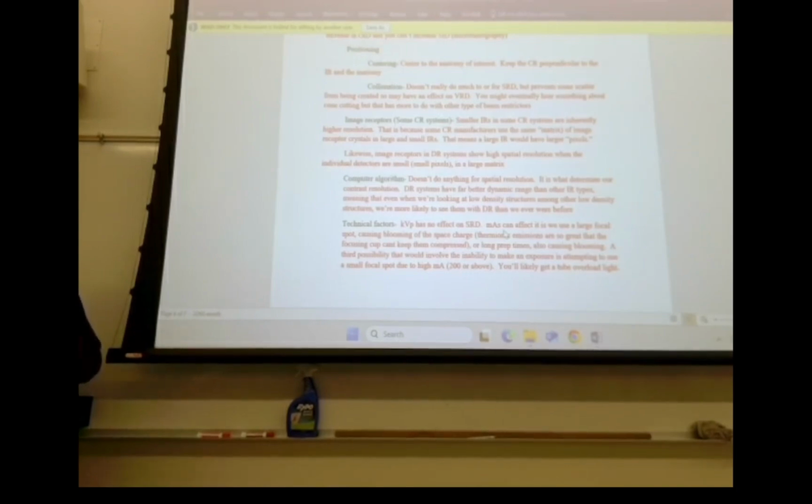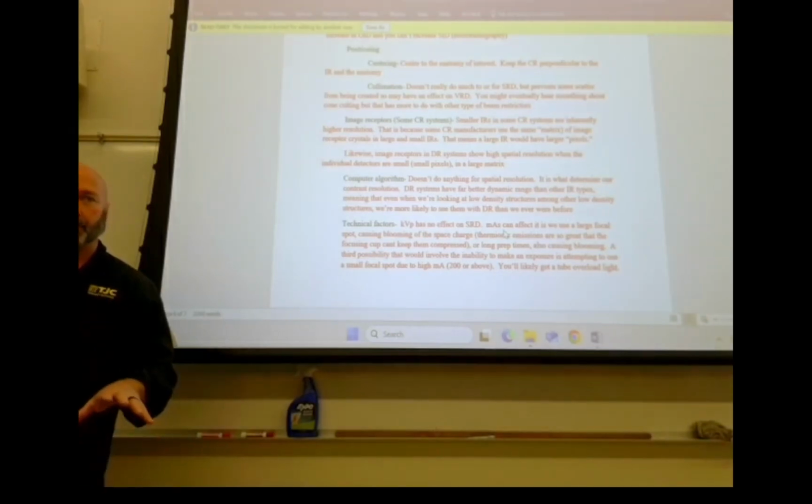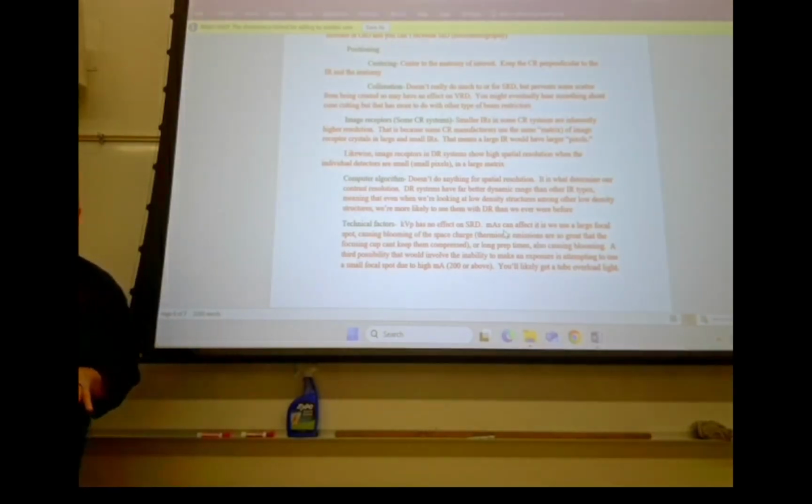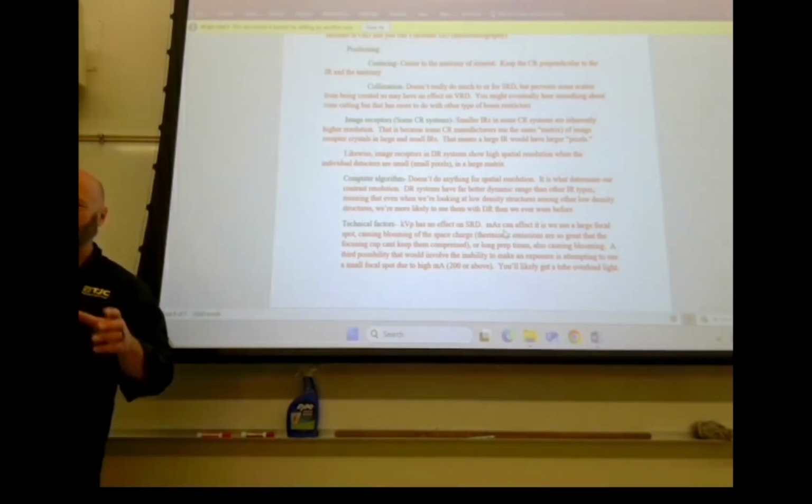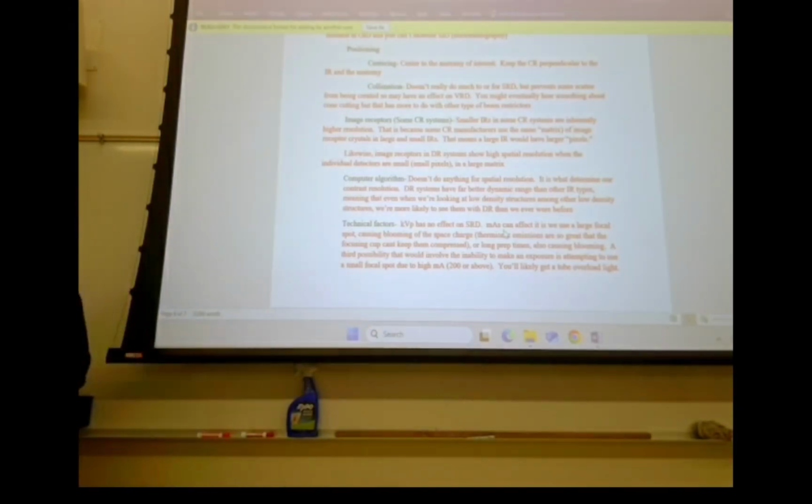So even if we have perfect sharpness on the image receptor, that does not translate to perfect sharpness in display. We have to have high resolution display monitors, and that's what the radiologists have. Again, that goes back to pixel size and the size of the matrix.